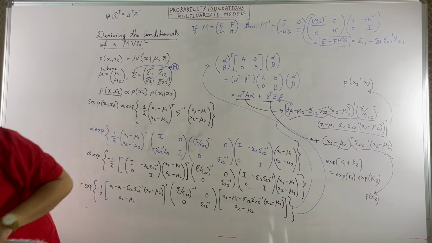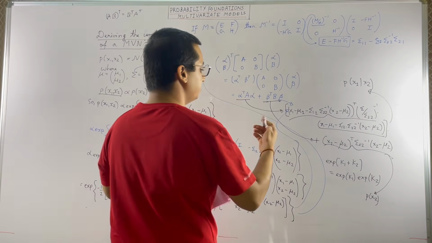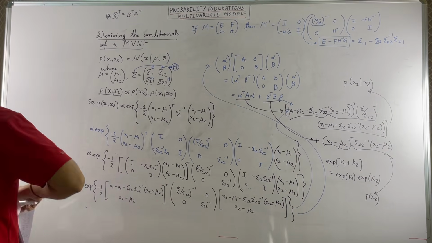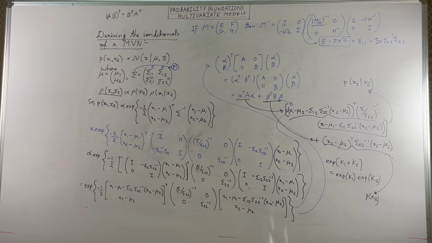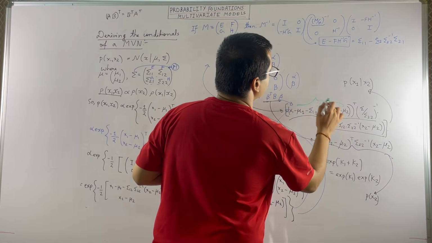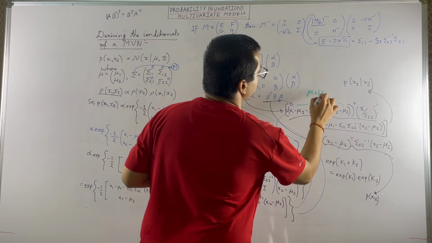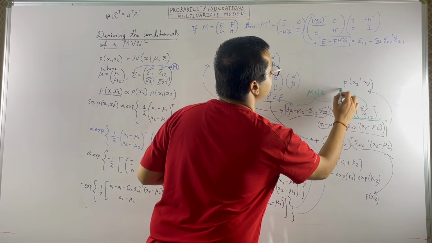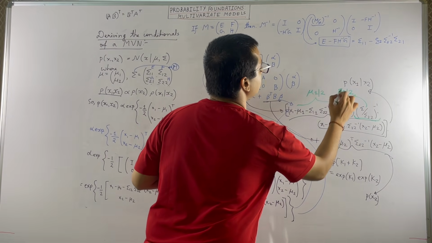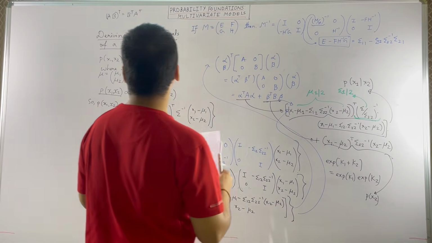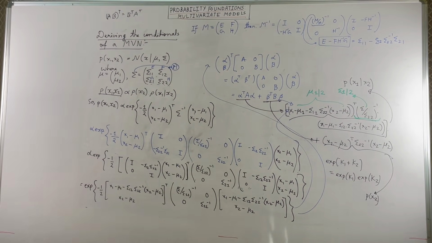So this effective thing becomes my conditional mean, and this part becomes the conditional variance. So you got the idea of what we are trying to say? Conditional mean and conditional variance. So I'll just erase it and write it properly.